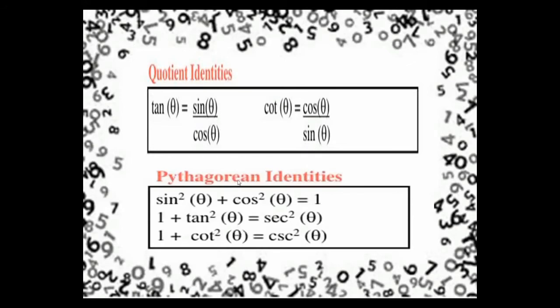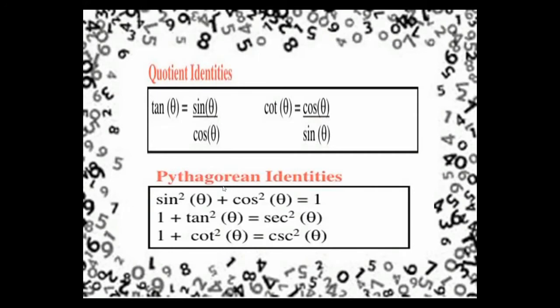Now Pythagoras identities. In this, sine squared theta plus cos squared theta is equal to 1. Number 2, 1 plus tangent squared theta is equal to sec squared theta. Number third, 1 plus cot squared theta is equal to cosec squared theta.